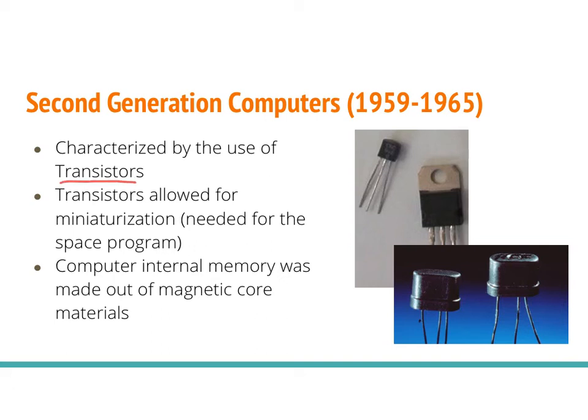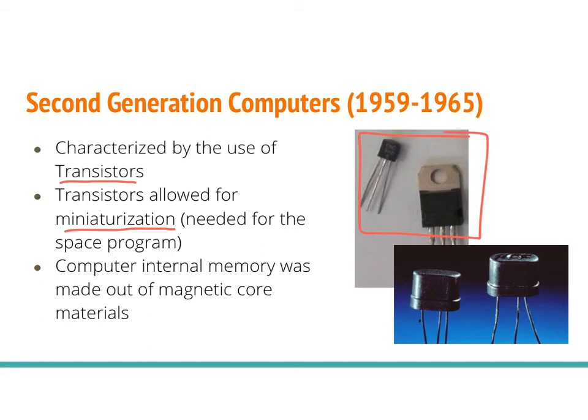And so these computers in the second generation utilized transistors, and what these essentially did was they allowed for some miniaturization of these computers, which was incredibly important for the space program to be able to grow, as a space program computer could not support the current size of computers. The other thing that was really nice is that these transistors, as you can see in this picture, are not light bulbs.